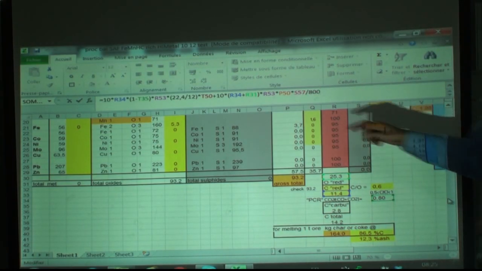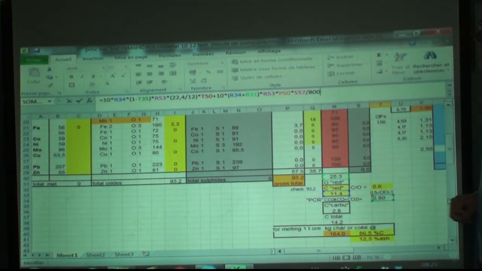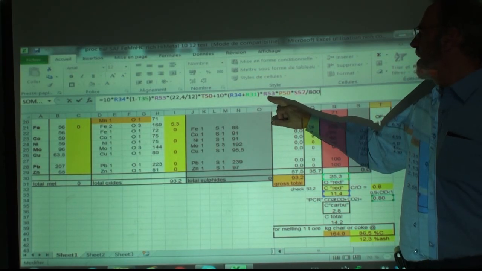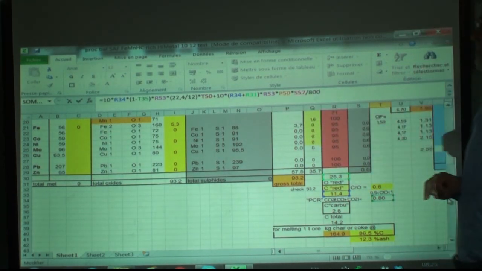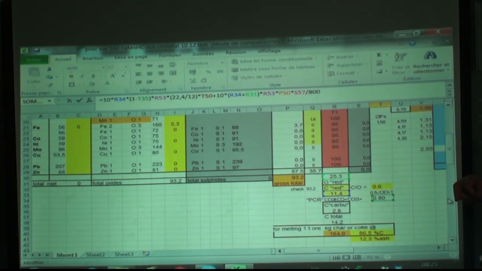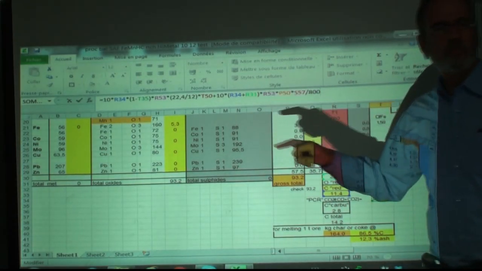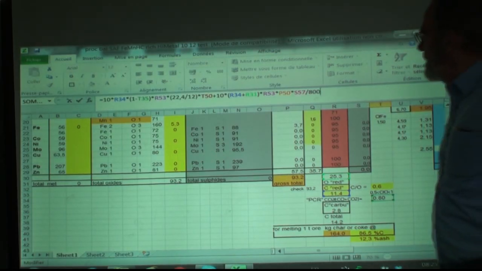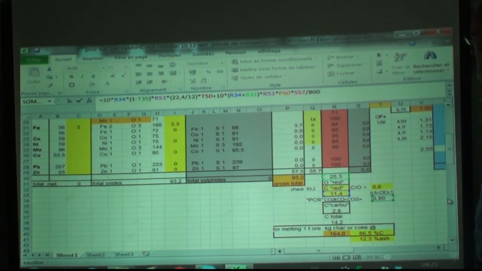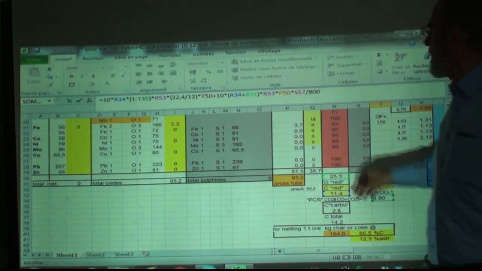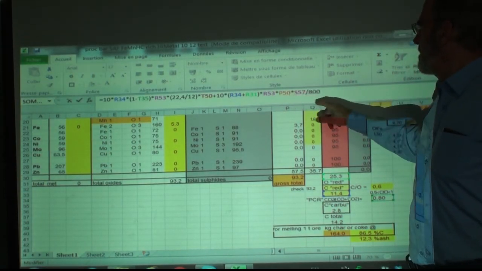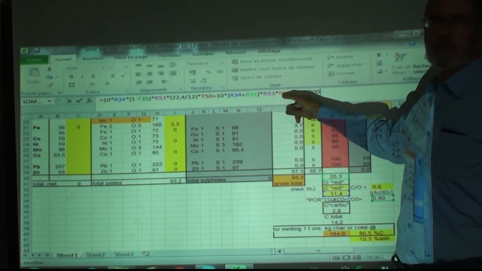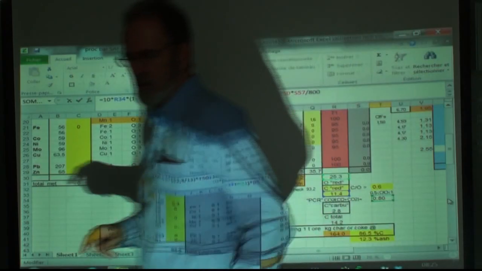You agree? These are these two. And then I multiply again by the ore rate, the 24.8 ton an hour, and then I'll multiply by the CP. No, excuse me.